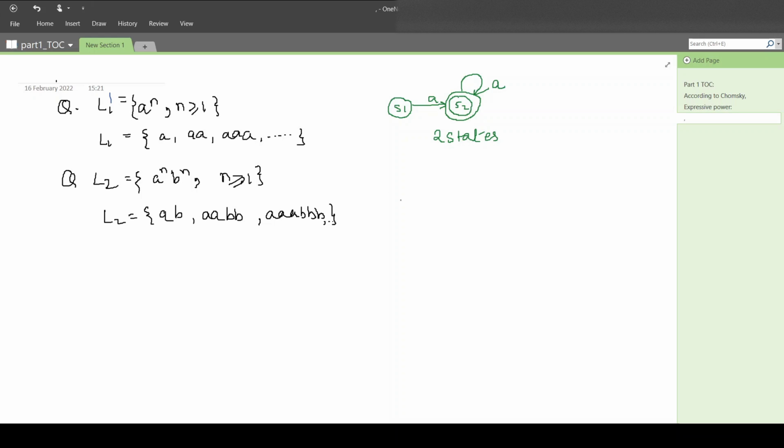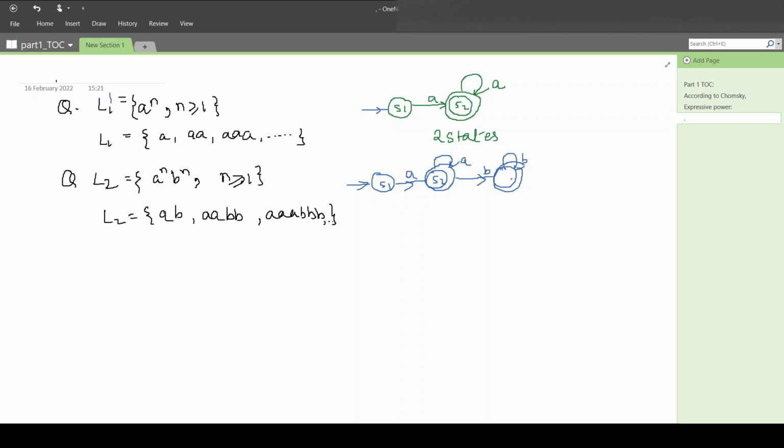If we do this with finite automata, from state 1 we use a, then go to the state where the a's go on, then we go to b, and the b's go on.